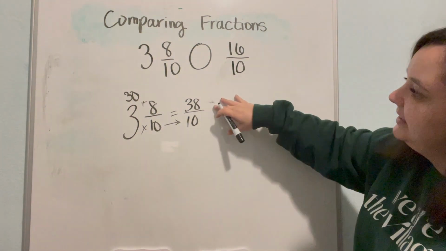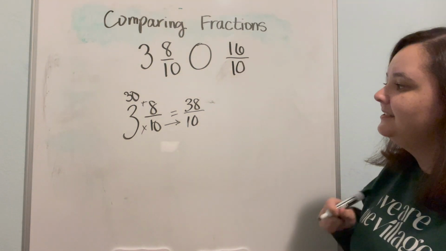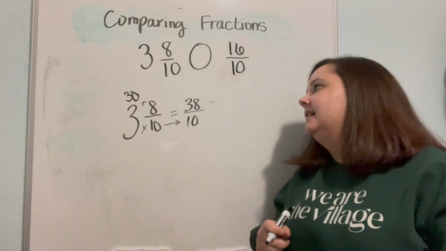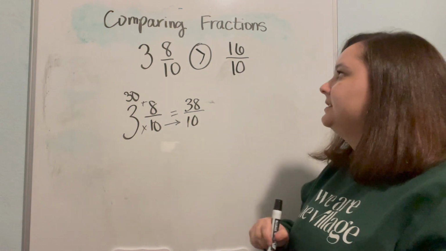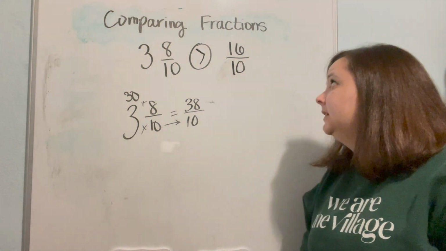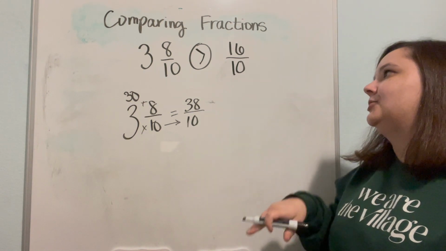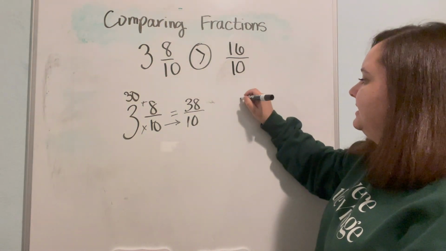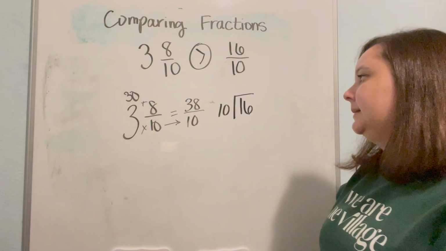So looking at that, I can see that 38/10 is greater than 16/10 because 38 is greater than 16. So I know that 3 8/10 is greater than 16/10. But just to be sure, I'm also going to turn my 16/10 into a mixed number. So we have 16/10. So 16 divided by 10.